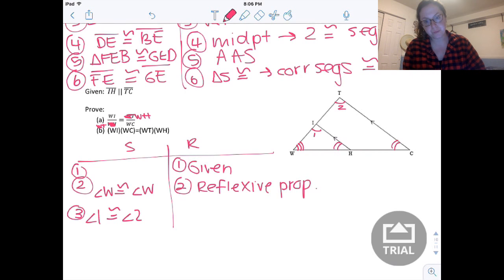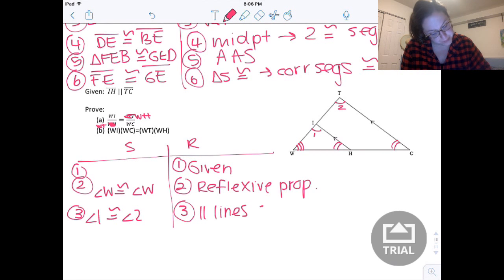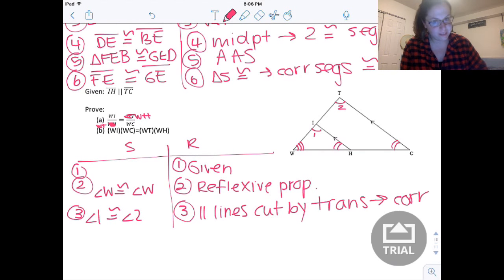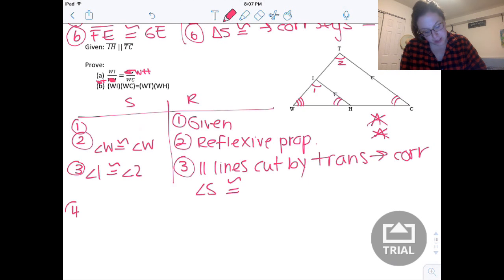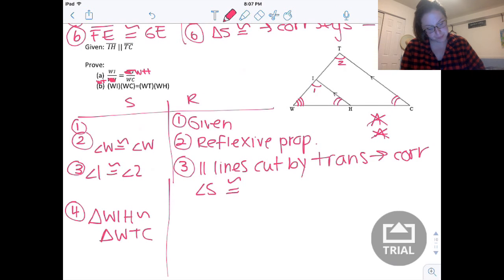because parallel lines cut by transversal, you hear this in your sleep now, don't you? Implies corresponding angles are congruent. And guess what? My plan was angle. I have shown both of those. So now I can say, okay, cool. That means triangle WIH is similar to triangle WTC by angle similarity.